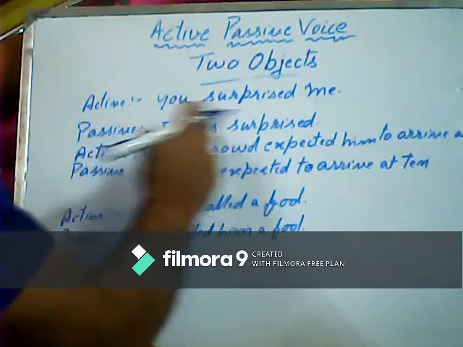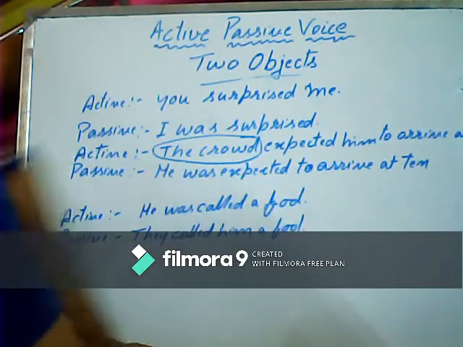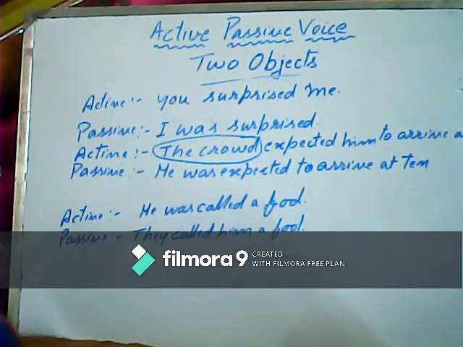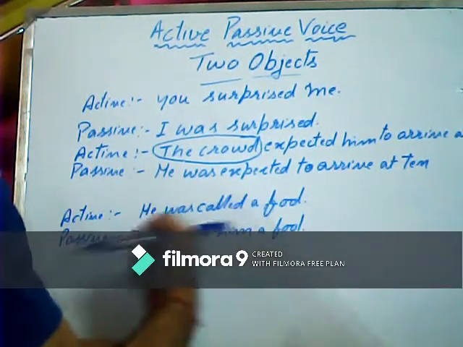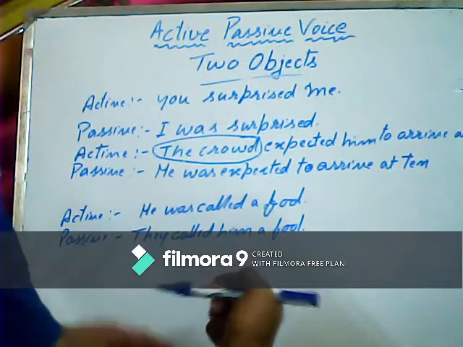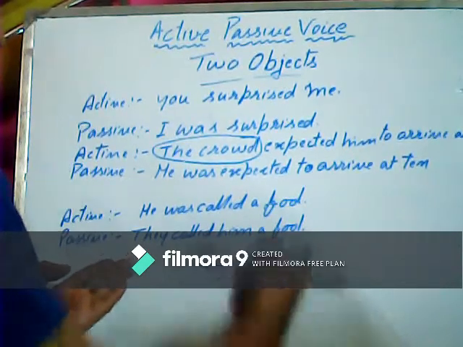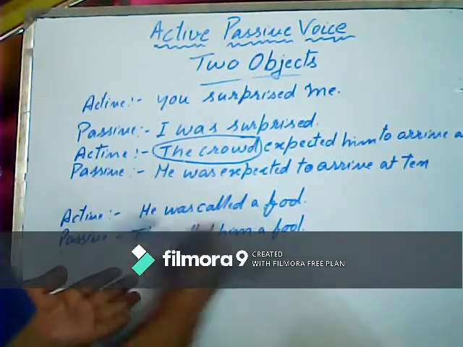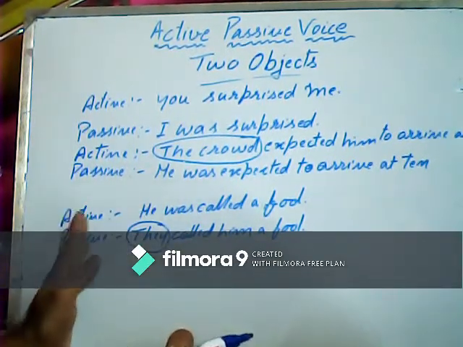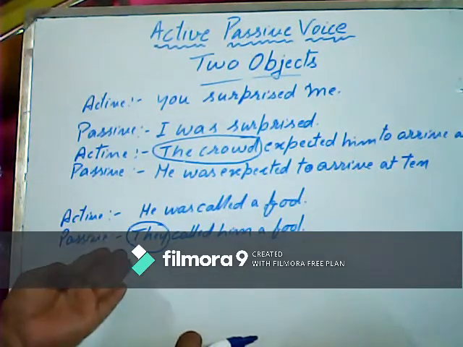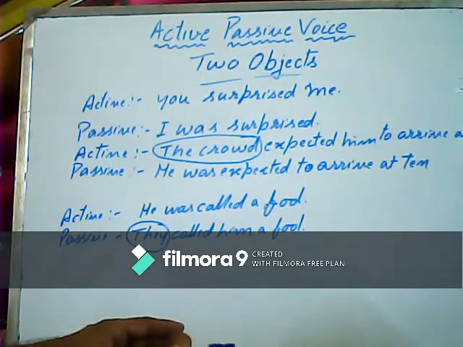Because in this type of sentences an unexpected subject is there, so we are avoiding them in passive voice. Here also, he was called a fool. We don't know the people who called him a fool. They are unknown. So we'll use the word they. They called him a fool, because this they will show unknown people. So we can insert it from ourselves: they called him a fool. This type of sentences are made like this.